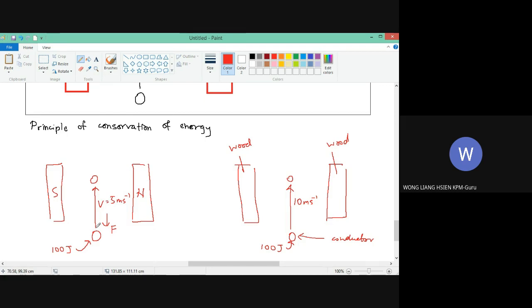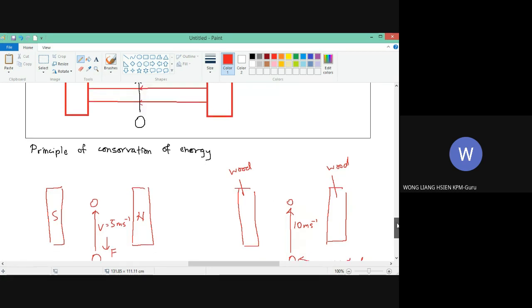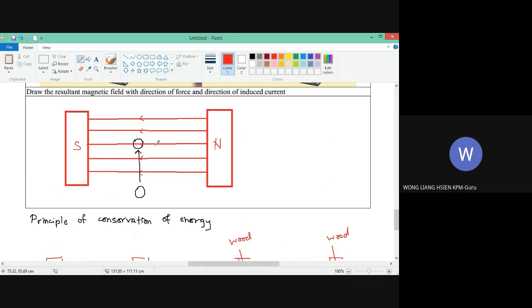Back to here, when we push the conductor through the magnetic flux, or cut the magnetic flux, an induced EMF will be produced in the conductor.